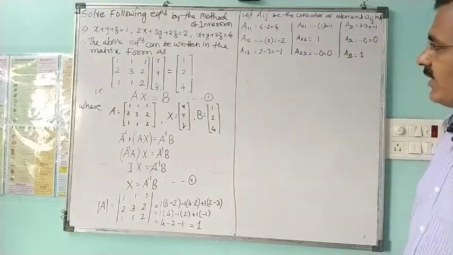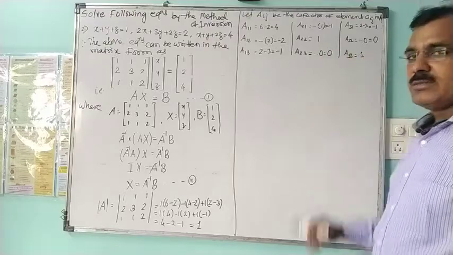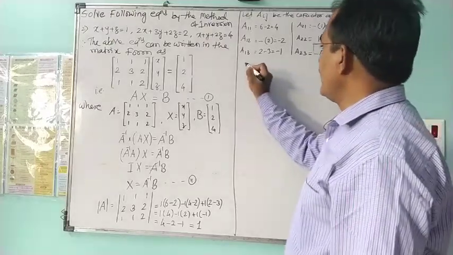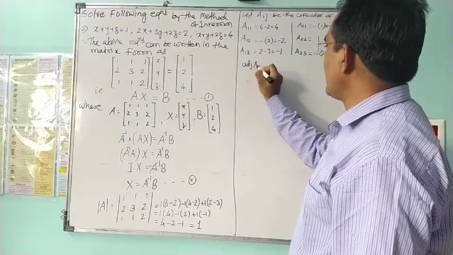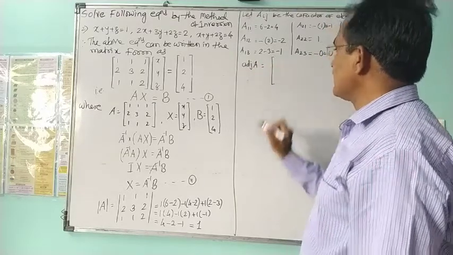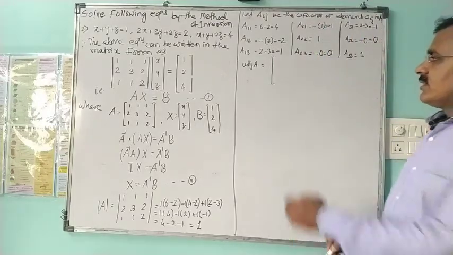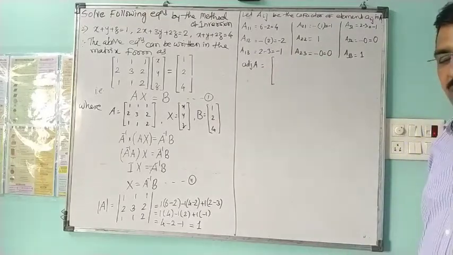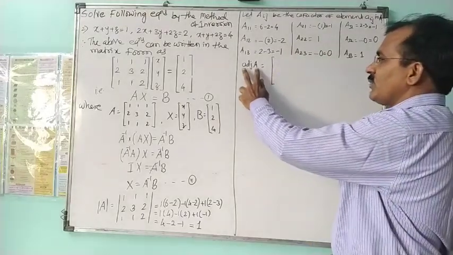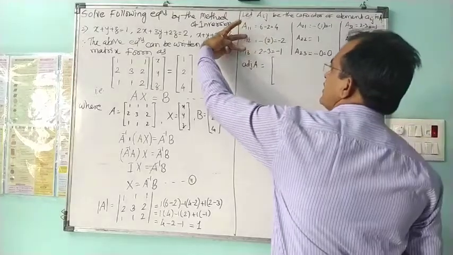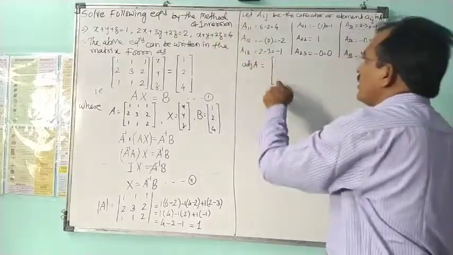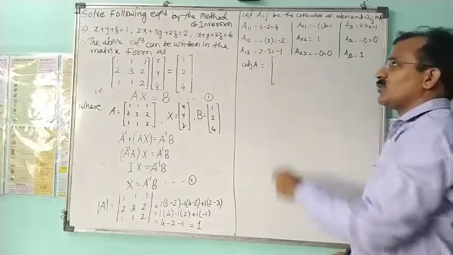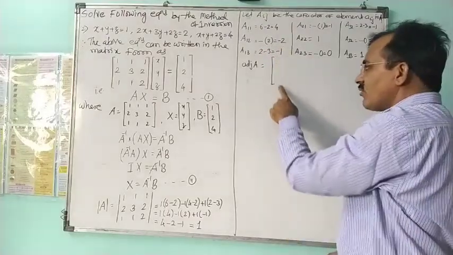So in such a way we can find immediately the values of the 9 cofactors, so that we can get the value of the adjoint of the matrix capital A. And we have discussed in the adjoint method, in finding the adjoint directly without taking transpose and all that, we can get the adjoint of this matrix A by using the first 3 cofactors in the first column. That means 4, minus 2 and minus 1. Instead of writing according to their position, we are using them in the first column.